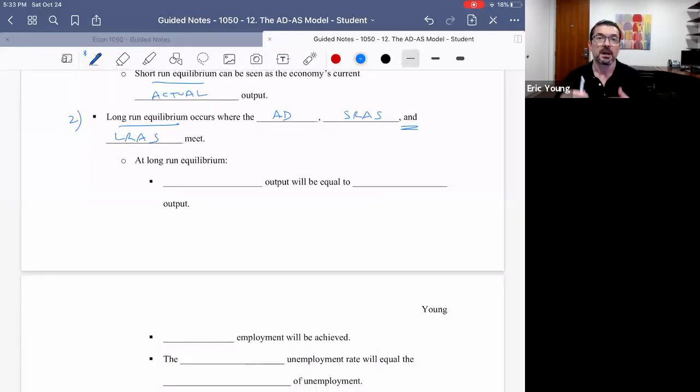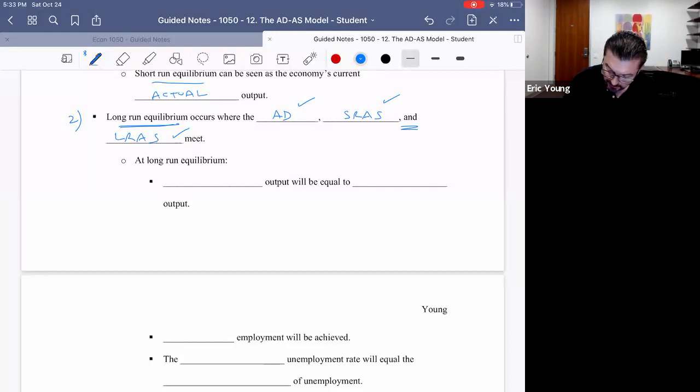In other words, is the economy's current actual output the same, more, or less than its potential output? So long-run equilibrium, really critical idea. Again, it's where AD, SRAS, and LRAS all come together.